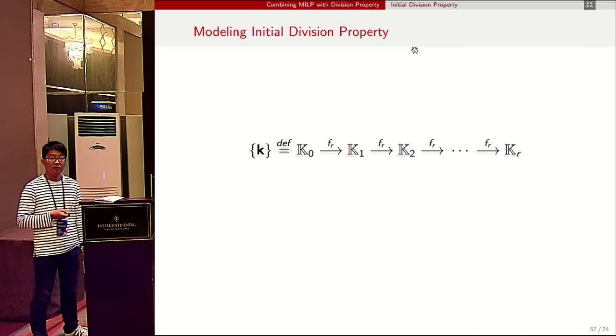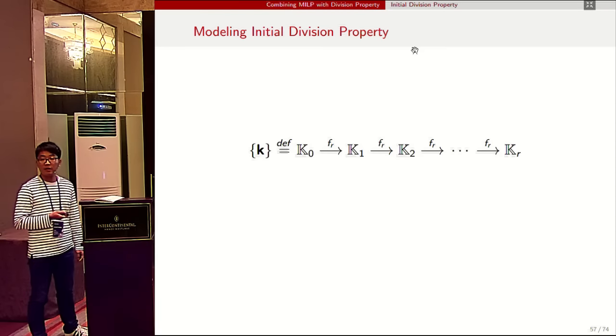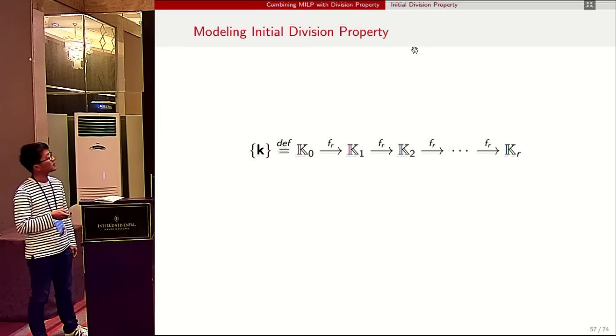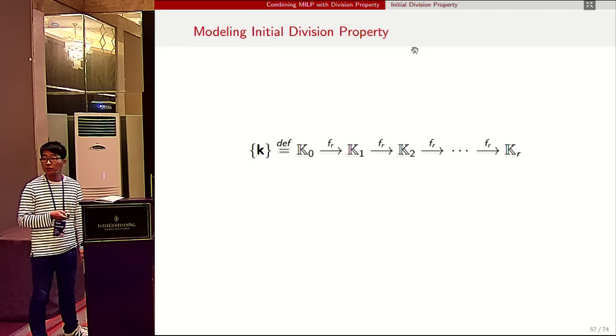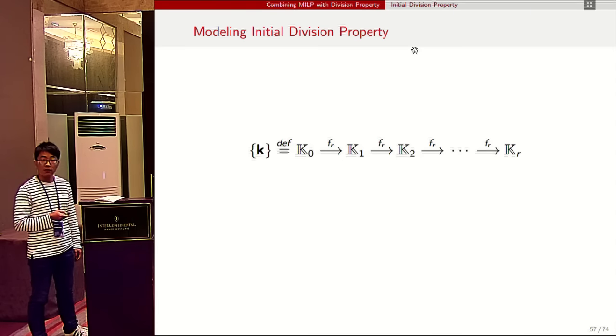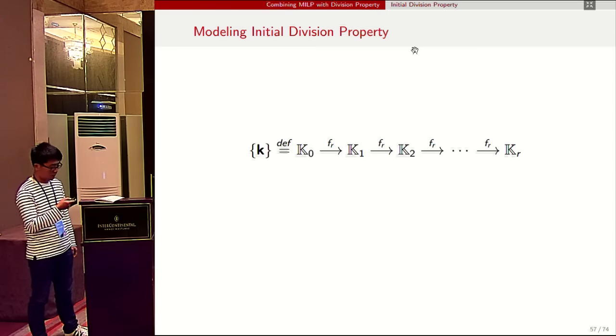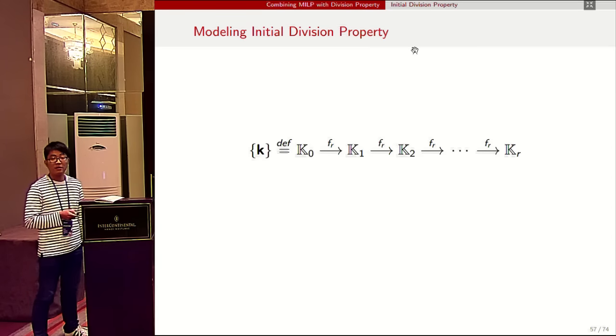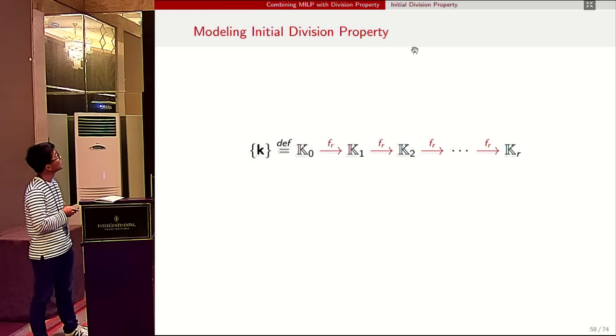Now for any block cipher based on copy, XOR, and S-box operations, we can construct a linear inequality system to describe the division property propagations, but still we don't know the division property of each round. We don't know K0, because this linear inequality system doesn't contain any information of the input division property.